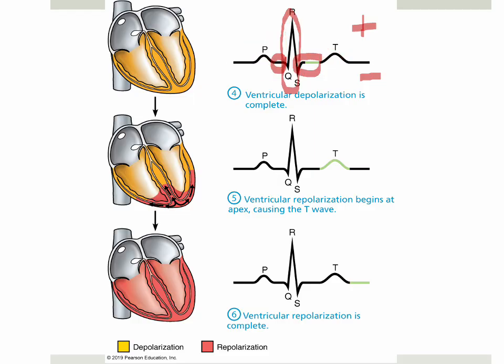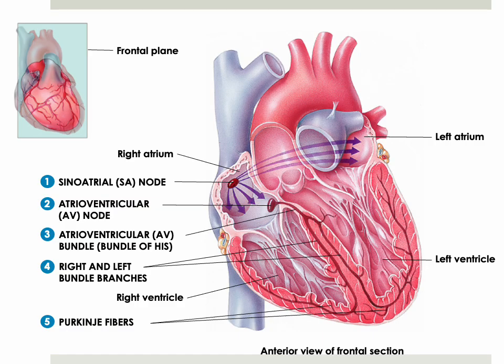Again, this is the representation of electrical activity of the heart, not contraction. The contraction is going to happen at some point, but first we have to have the electrical stimulus for those muscle cells to contract.